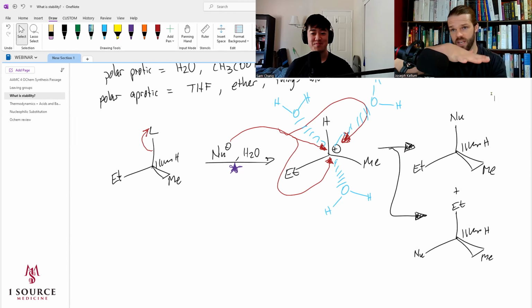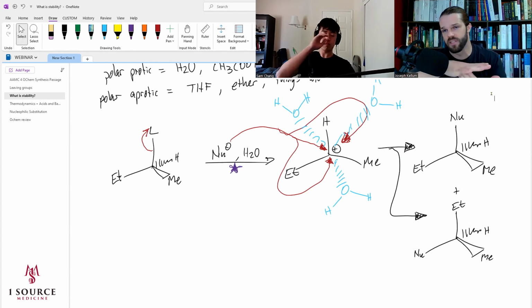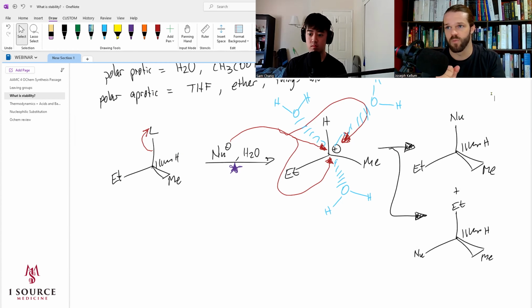And so we have this thing sitting in a flat plane, and the probability of the nucleophile coming in from above is roughly the same as the probability of it coming in from below. There can be steric effects that mess this up. If we have a whole bunch of stuff sticking up and nothing sticking down below the plane, then the version where it comes in from below becomes a little bit more favorable. In that case, we would get one isomer versus the other one, but it's still going to be split.